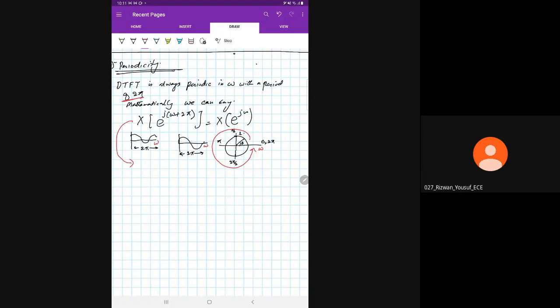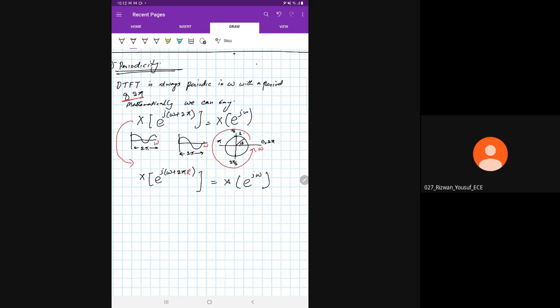Or in a more general way, we can write X of e raised to power j omega plus 2 pi k, where k is an integer, is equal to X of e raised to power j omega. So this is the periodicity property of the discrete time Fourier transform.